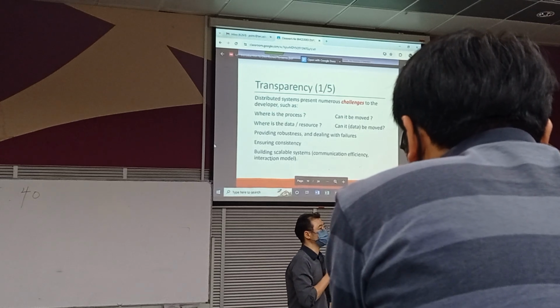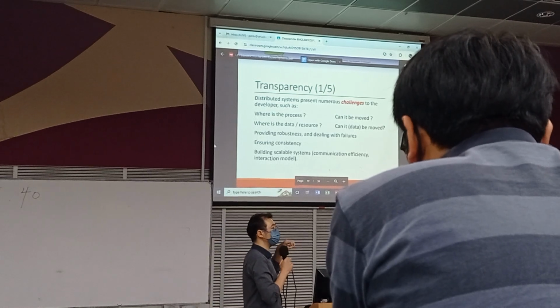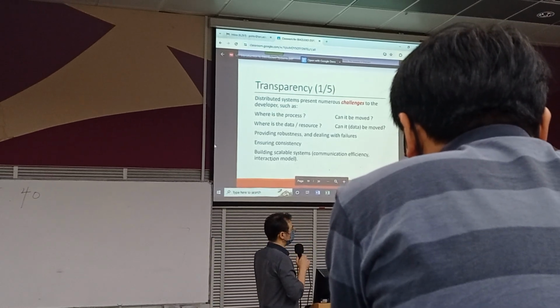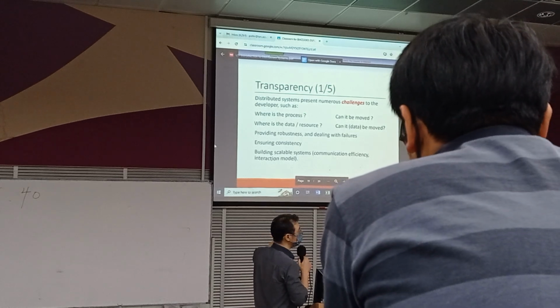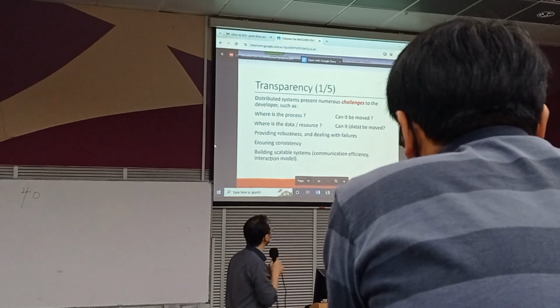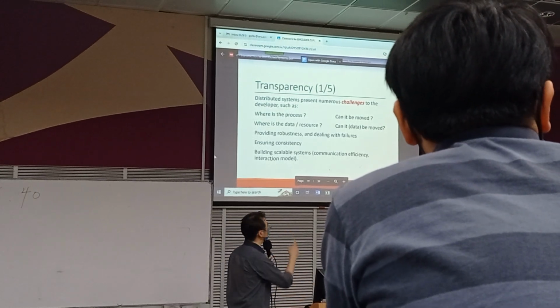The system will do it automatically. Once it detects that you are in Malaysia and the bandwidth is limited, and a lot of people watch that movie, it will automatically move the video from the US to Malaysia. So it does this transparently. Okay, that is the meaning of transparency.